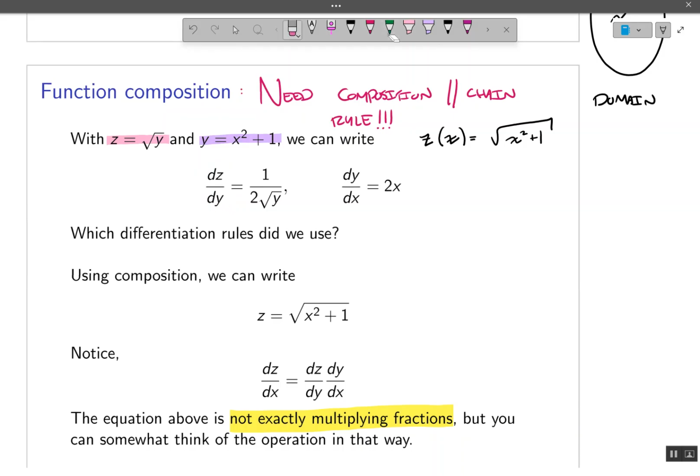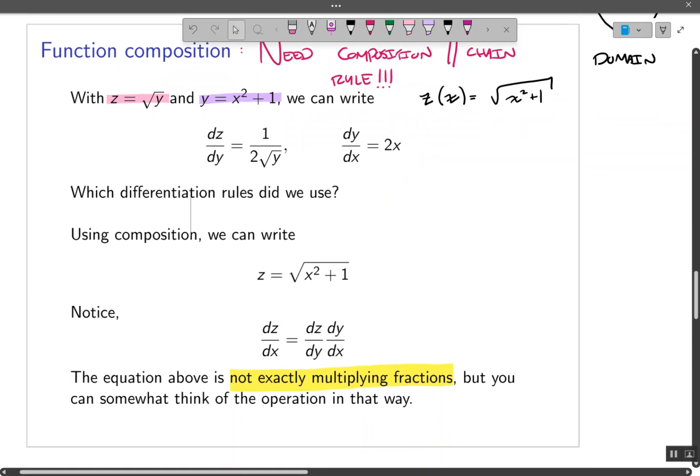The derivative of the square root is 1 over 2 square root. Now let's look at this one. The derivative of that with respect to x is going to be 2x. So we have these two component derivatives.